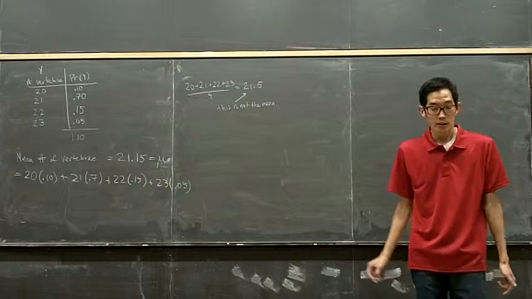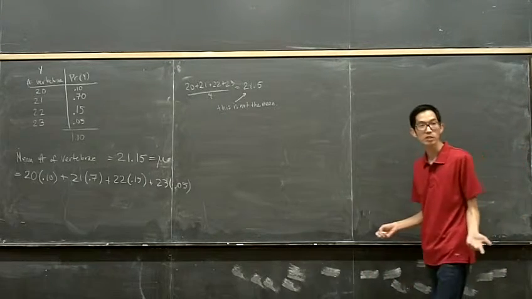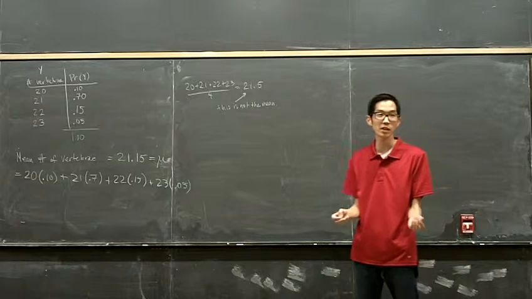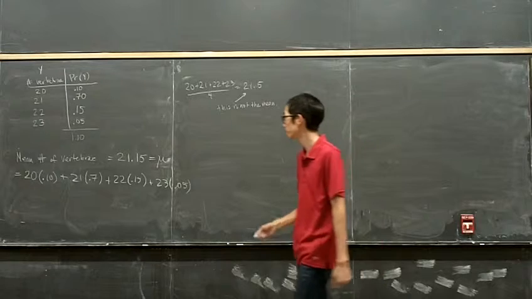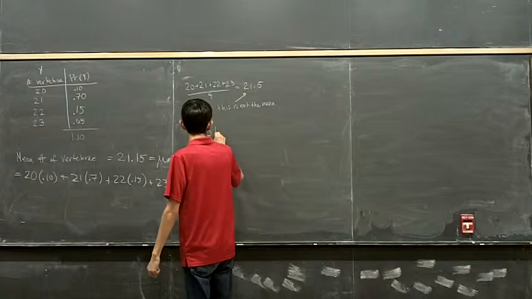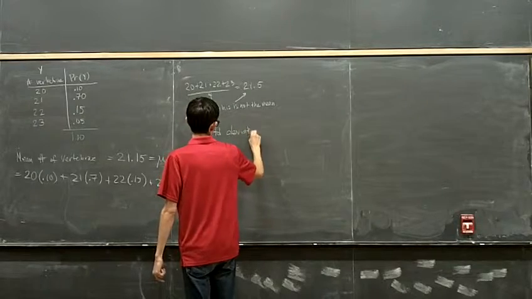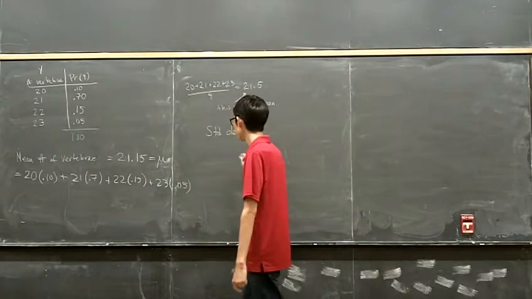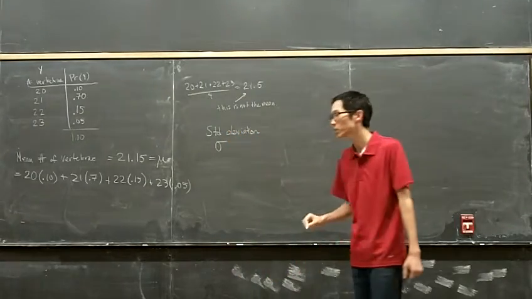And if people ask, we can also get the standard deviation. The standard deviation is kind of like the average distance from the mean. So let's get the standard deviation. When we're dealing with a random variable, the standard deviation is symbolized by the Greek letter sigma.